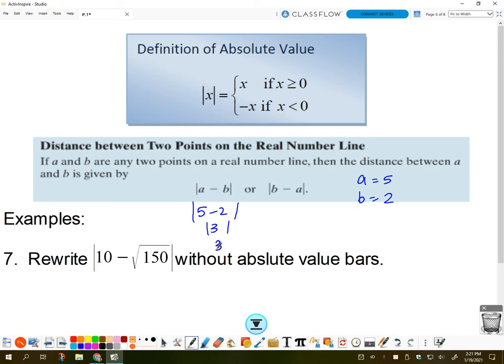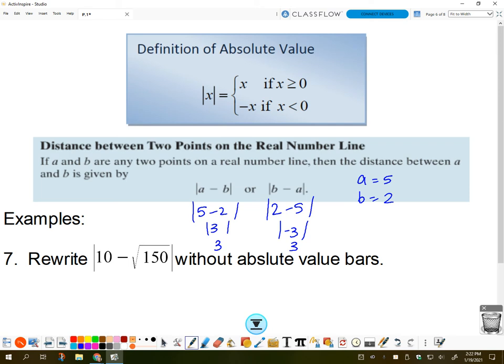So that absolute value is 3. If I write it as 2 minus 5, I get -3, but that absolute value or distance is 3. Whether I call it 2 minus 5 or 5 minus 2, you're still telling me it's 3 units between the number 2 and 5. All right, so that's all that this little definition is trying to get at.